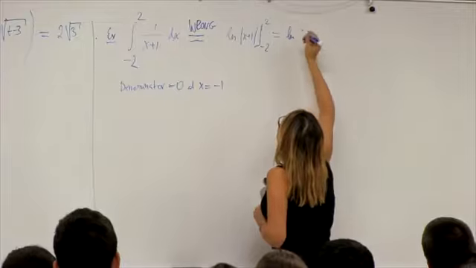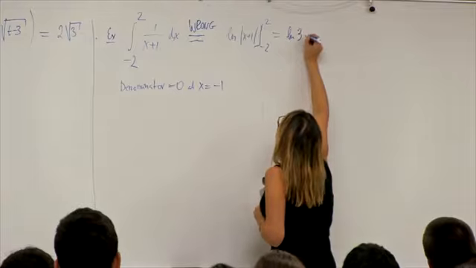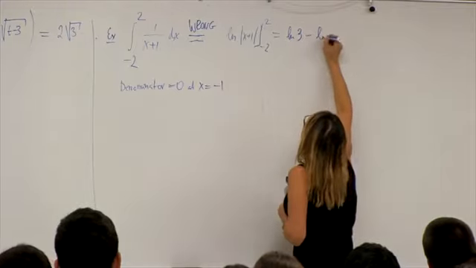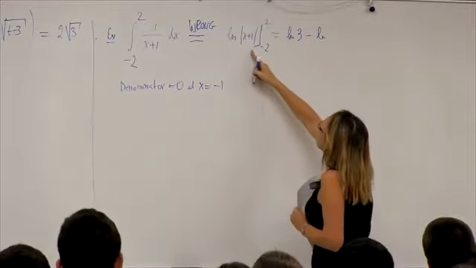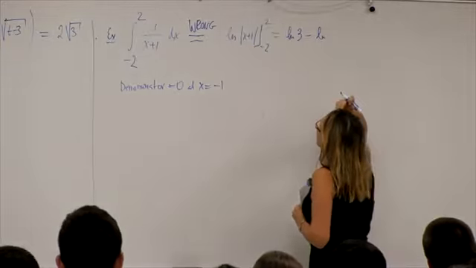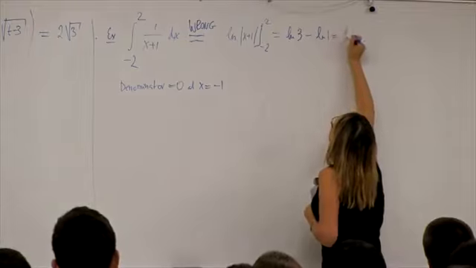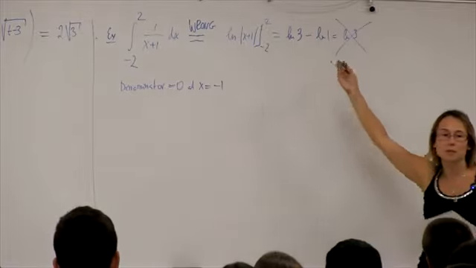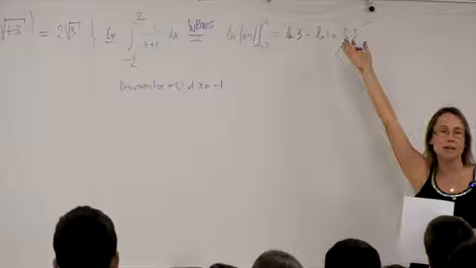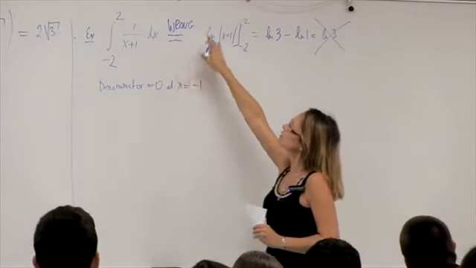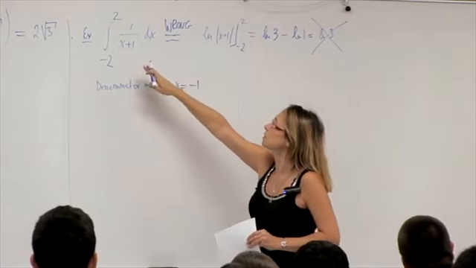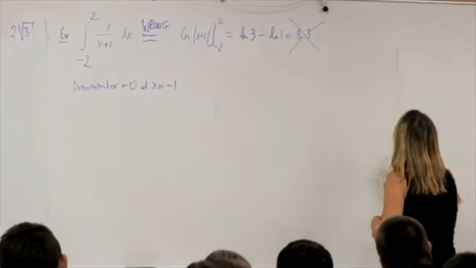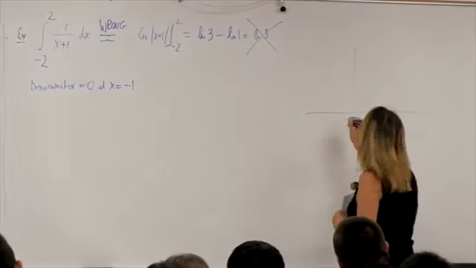So it's log of 3 minus log of the absolute value of -1, so log 3. But so I got a final answer, but this is a completely meaningless answer because it's wrong, right? This disregards the fact that the function experiences a discontinuity at -1.